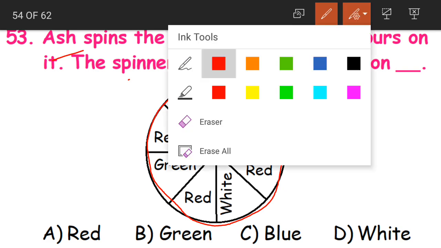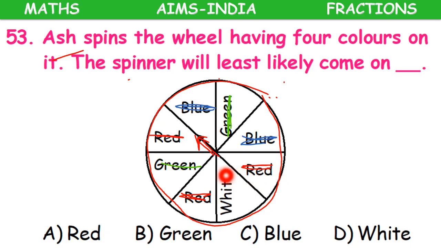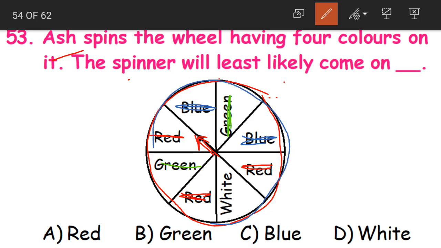Now if you look at green, green is repeated twice. And then if you look at red, red is repeated thrice, 3 times. And if you look at blue, blue has come twice. And if you look at white, white has come only once. Out of these many colors we are having only one white.